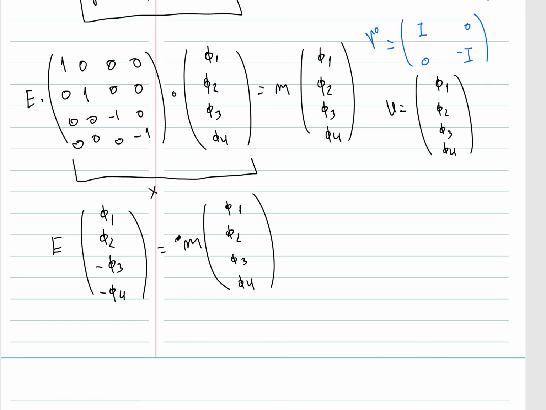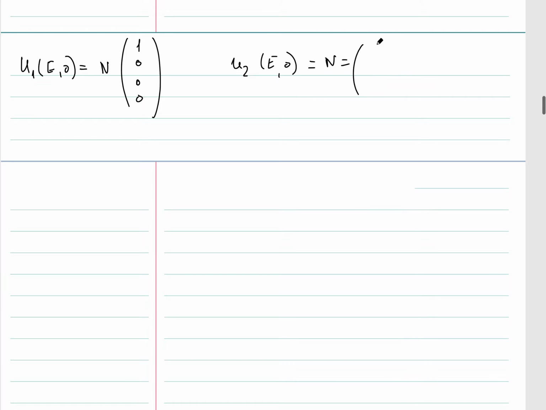The first 2 solutions we write as u1 of E0, which is a normalization constant times 1 0 0 0, and u2 of E0, which is n times 0 1 0 0.